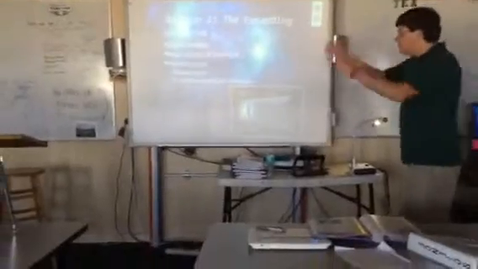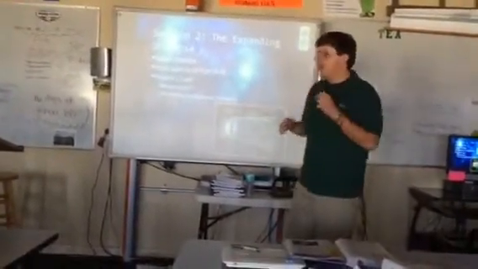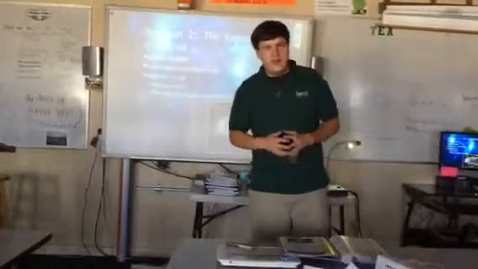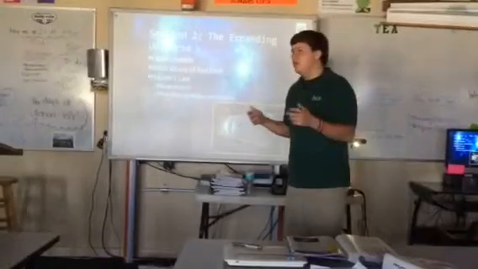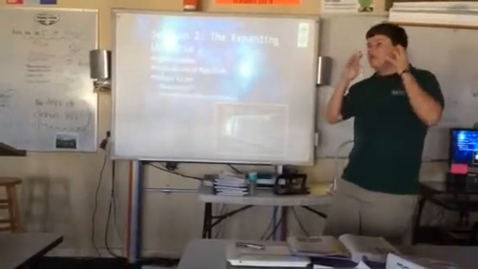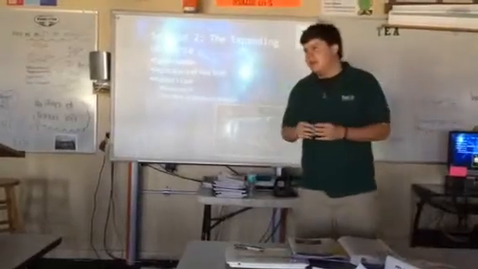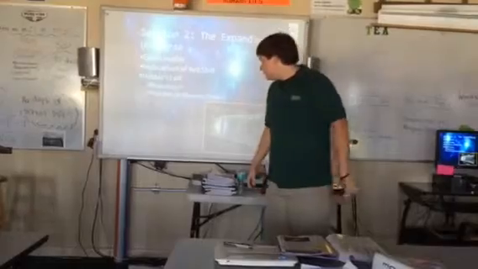And so the expanding universe. Edwin Hubble is the man that discovered Hubble's law and redshift in galaxies. And he's the person that has mainly led the discovery of the expanding universe theory.